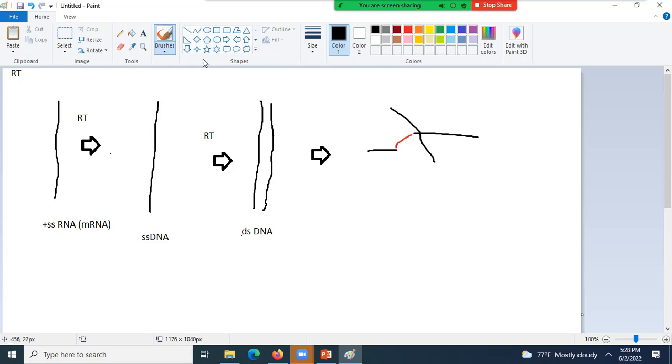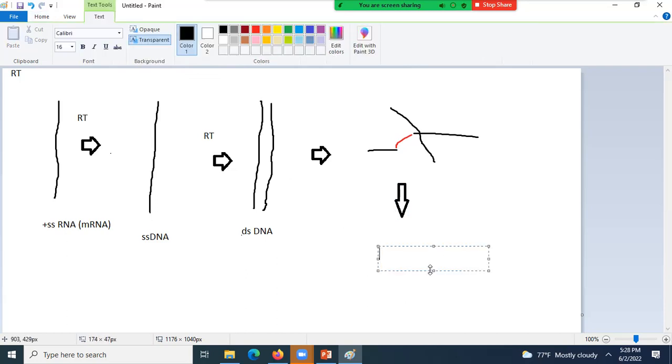The viral genome will transcribe, making viral messenger RNA. And this is positive strand, that should be a little lowercase.